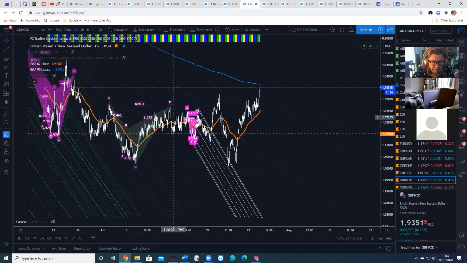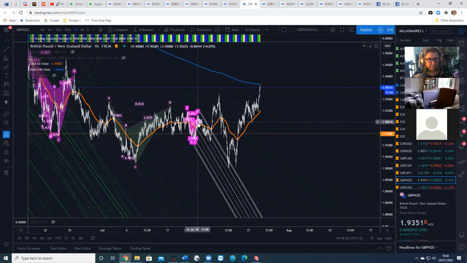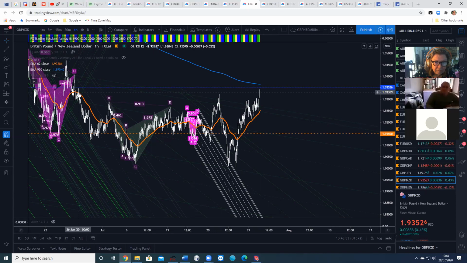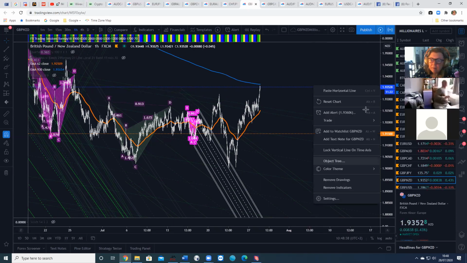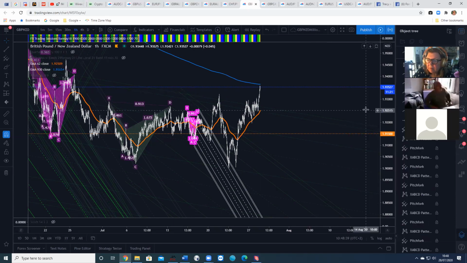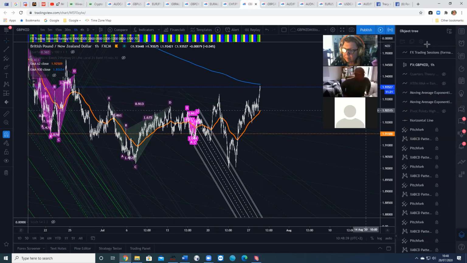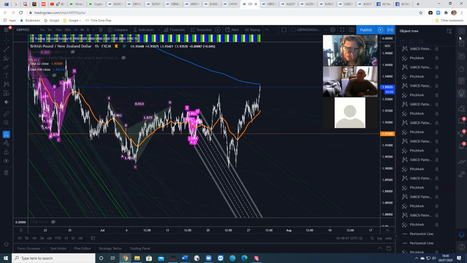That was our latest scan, 16th of July. It's outside of everything else I've got, I think. I haven't got any hidden ones.